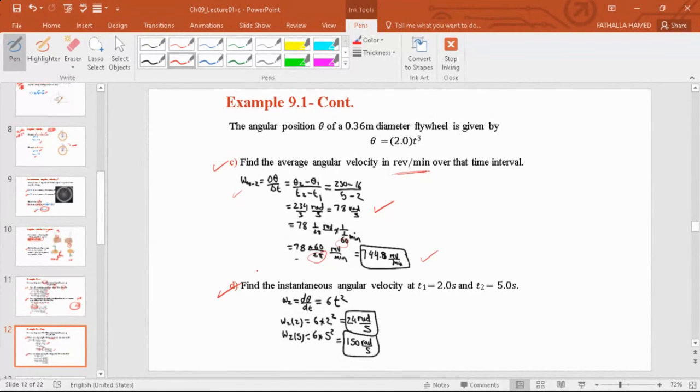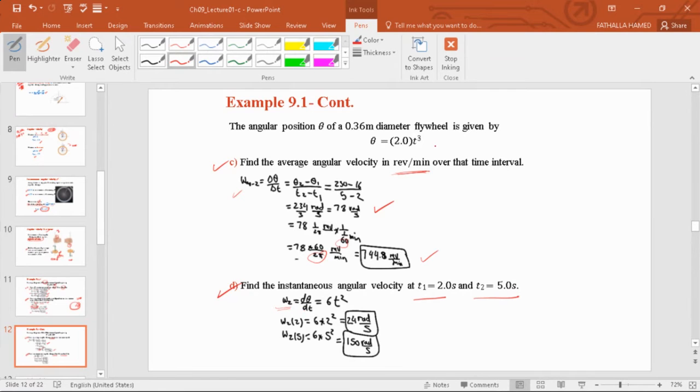In D, find the instantaneous angular velocity. Now, angular velocity, instantaneous, or we just say angular velocity, means at a certain instant. So they want it at t equal to 2 seconds and at t equal to 5 seconds. Now here we say omega z. We take the average out because we're talking about instantaneous. Now it should be d theta by dt.